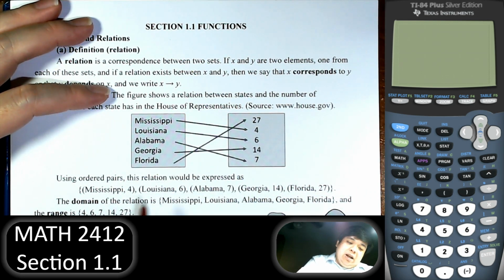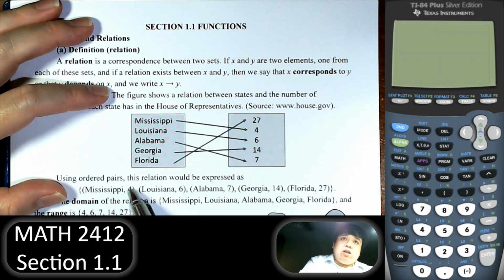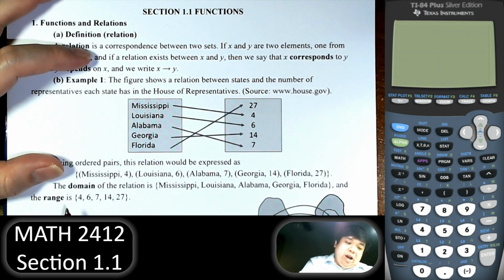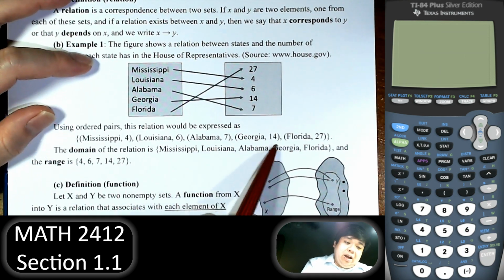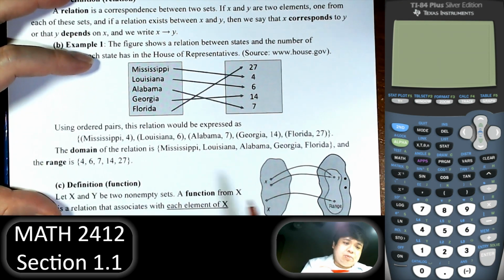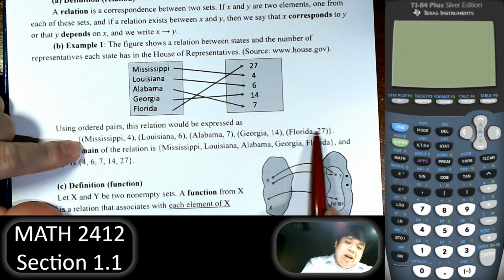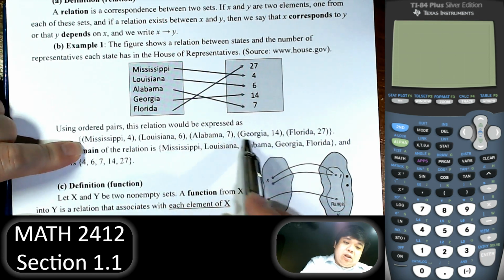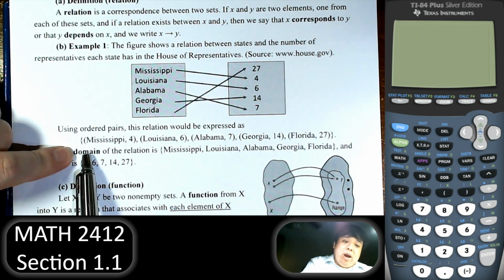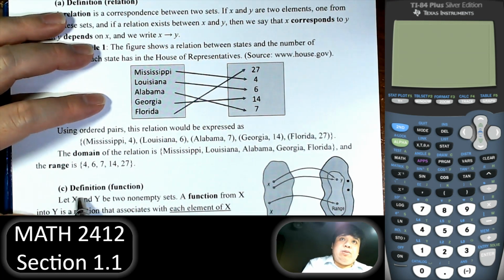In the ordered pairs, the set of all the first components is called the domain, and the set of all the second components of the ordered pairs is the range. So if we have this relation, all the first components put together is the domain, and all the second components put together is the range.